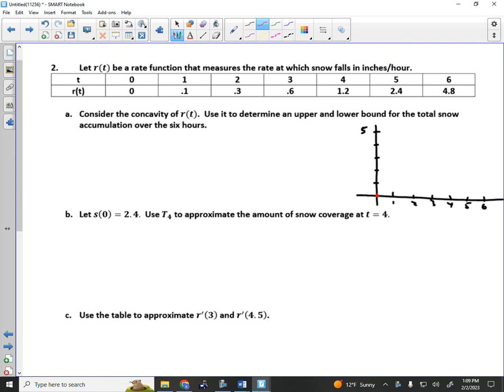You don't have to, but I think this is going to help you get a visual for the first time. We got 0.1, that's really small. 0.3 is really small. 0.6 is really small. 1.2, 2.4, and 4.8. So that diagram's approximately the rate, okay?